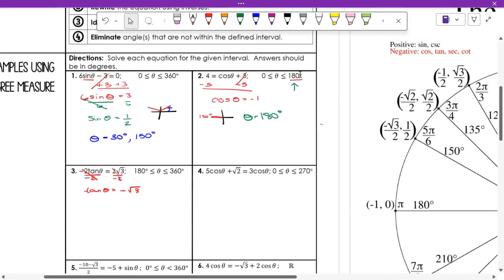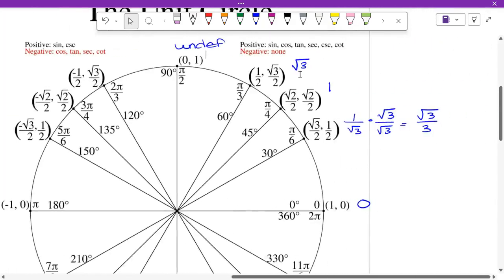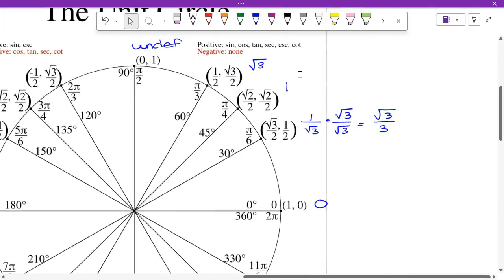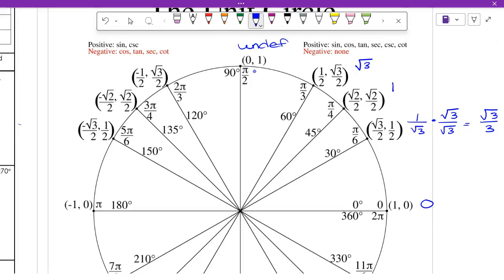So let's come over here, and what did it say it needed to be? Negative square root 3. So these are all positive. Where is it negative? Well, it's positive square root 3 here, when I have 1/2 as cosine and square root 3 over 2 as sine. So here, where I have negative 1/2 for cosine and positive square root 3 over 2 for sine, this is going to get me a negative square root 3.